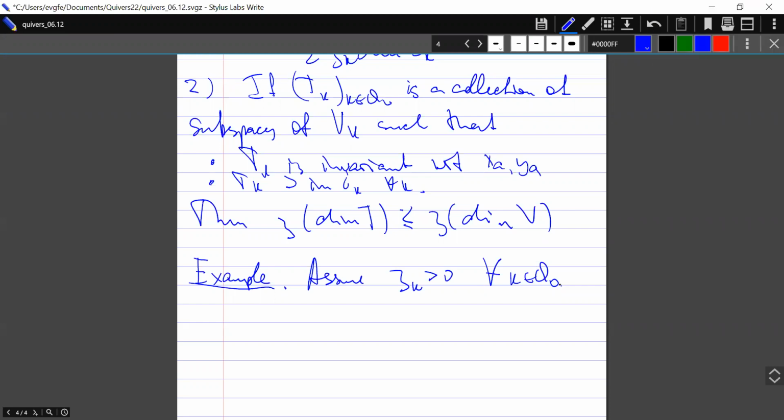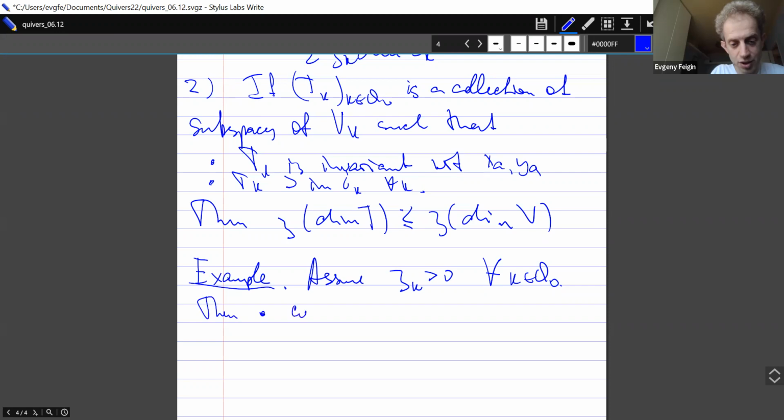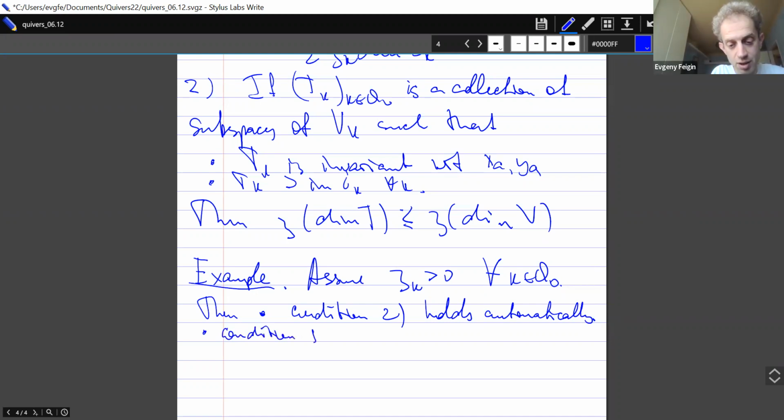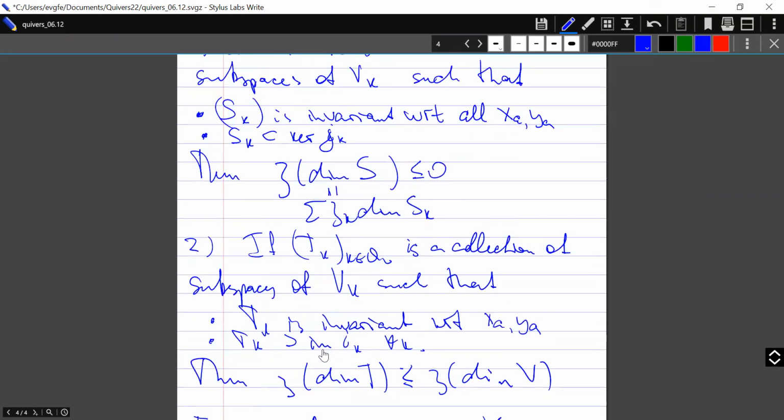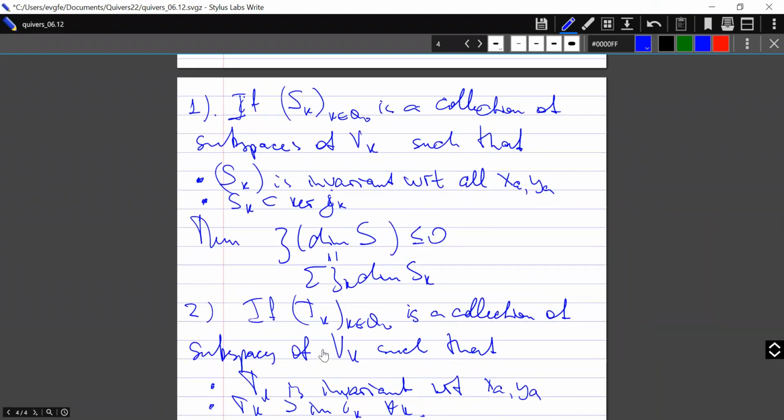It always holds. Alex, Andrei, do you agree? Yeah. Yes, since it's a collection of subspaces, condition 2 holds automatically. And what does condition 1 say? S are zeros. Right, right.